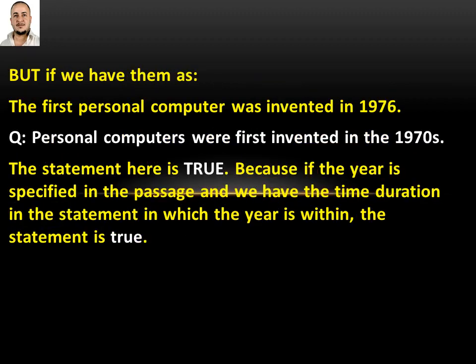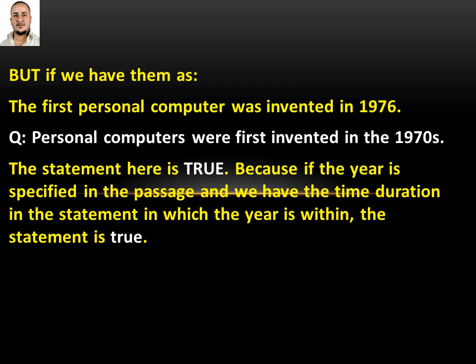Okay. But if we have them as the first personal computer was invented in 1976. In 1976. That was in the passage. The question says personal computers were first invented in the 1970s.